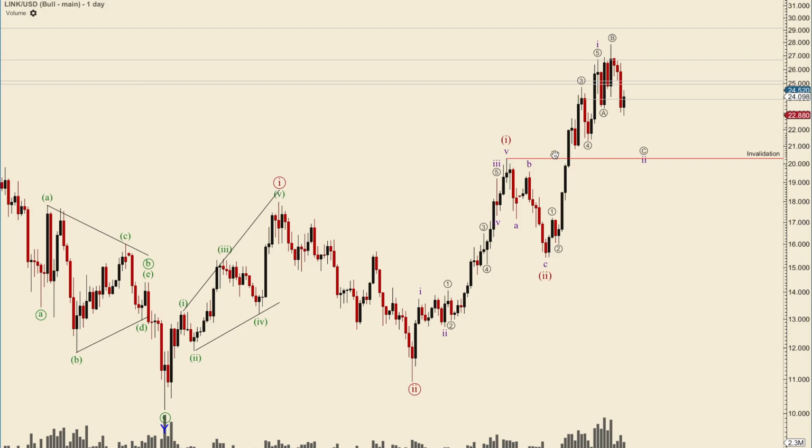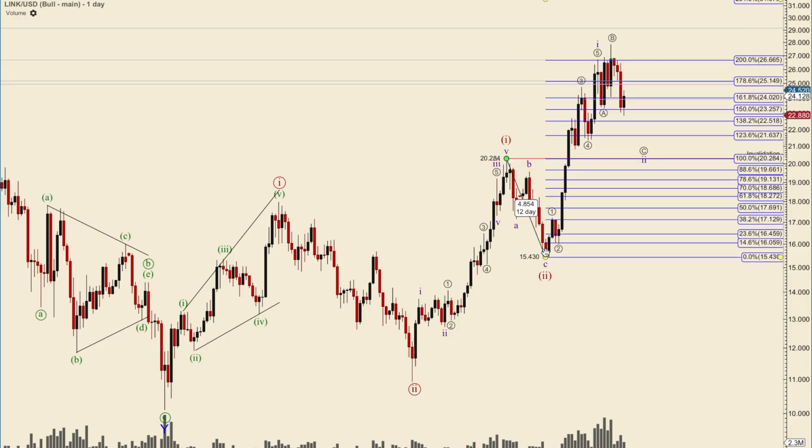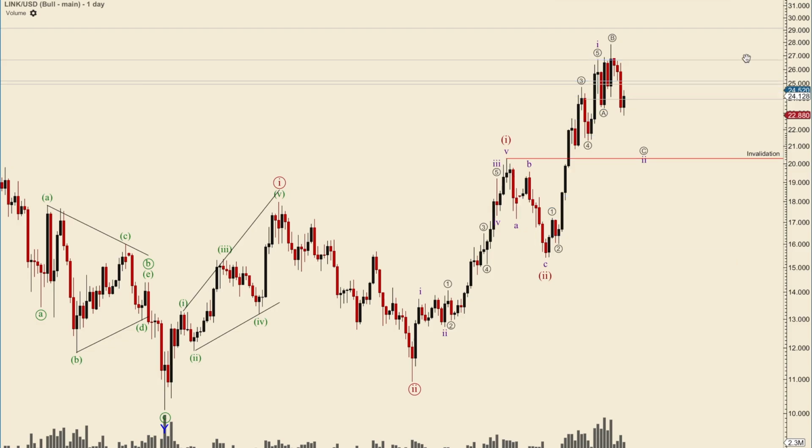We can't really count an A, B, C here, because we hit a way high target here. You see, at 200%. That's unheard of for an expanded flat. So it's no good for the bulls if you take out this structure or this price point. So keep an eye on that.